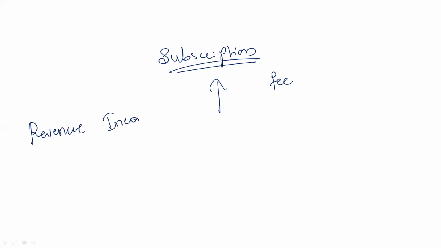Revenue income, so what is meant by revenue income? Revenue receipt also we can say. Revenue income or receipt is a certain type of income or money which the NPO keeps receiving regularly. Capital income will be when an amount is received not very regularly, once in a year, once in a lifetime.